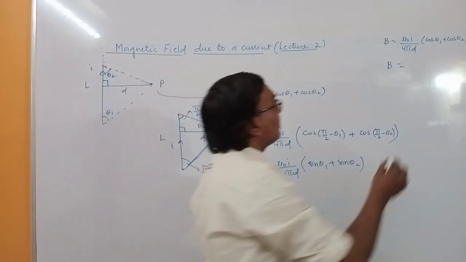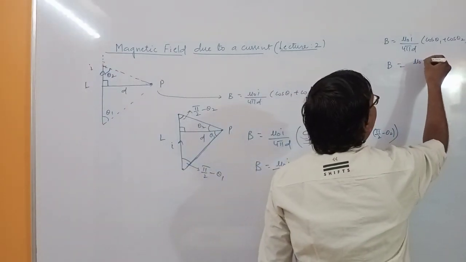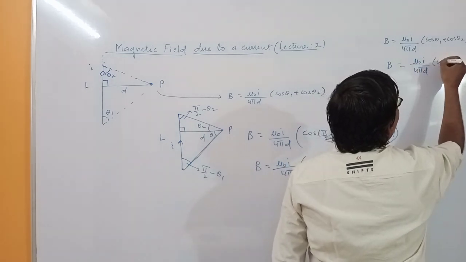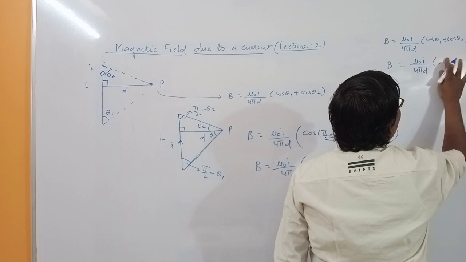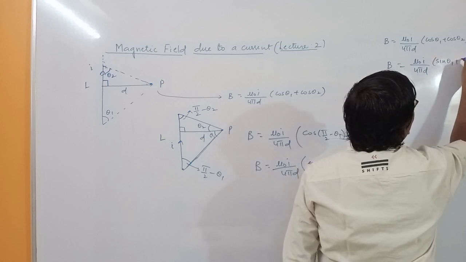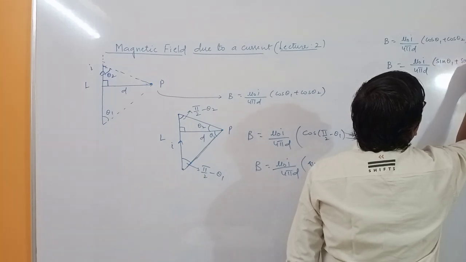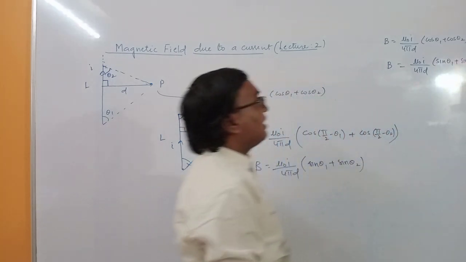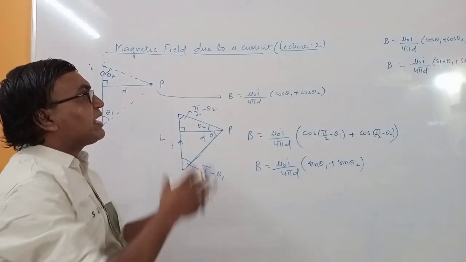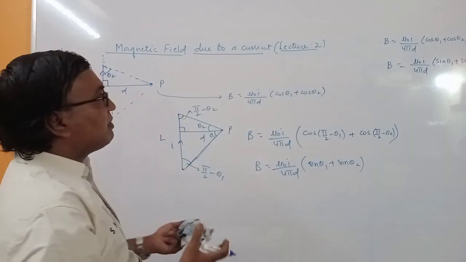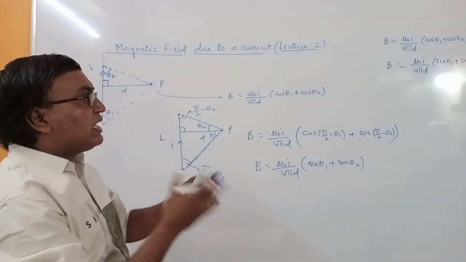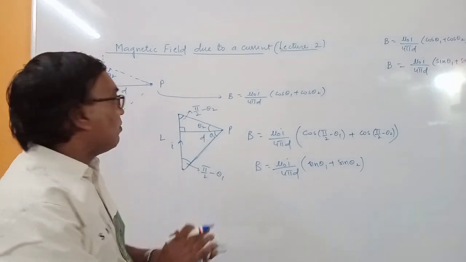So here we will write one more formula. Both formulas are for finding the magnetic field due to a straight conductor. Now let us apply these formulas. We'll try to apply both formulas and solve the problems. After that you decide which formula to use, or you can change the formula according to the problem.